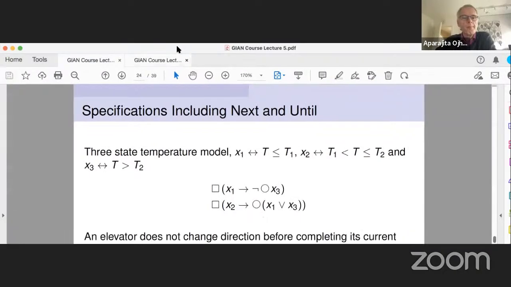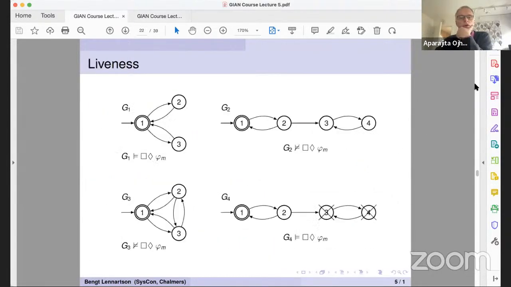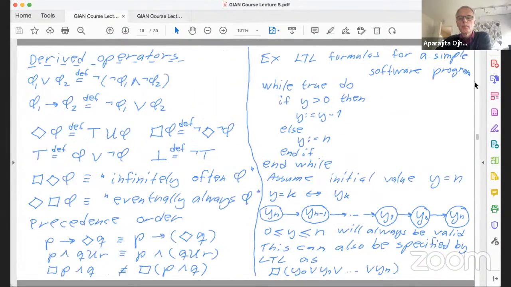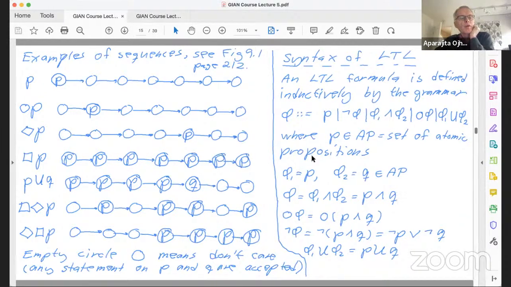So we talked about temporal logic, and maybe I should show you this slide just to very briefly repeat that we can specify now some properties like, for instance, that something is always valid, an atomic proposition is always valid, square P. That means that in a sequence of states here, it's always, in all states, valid in linear temporal logic.